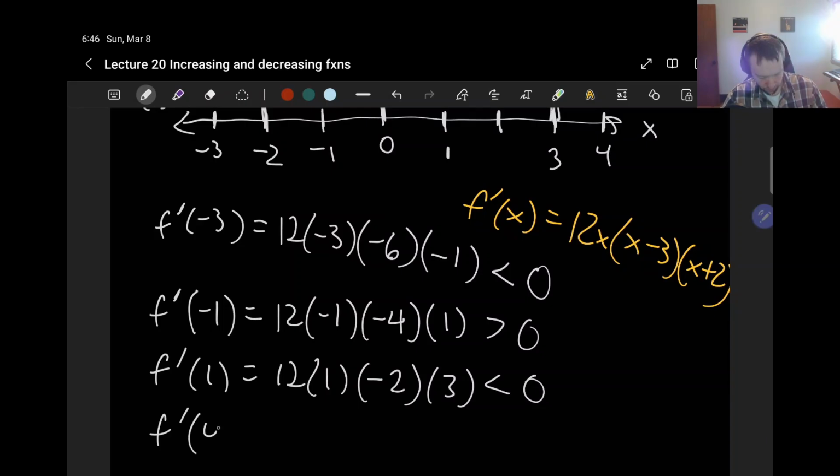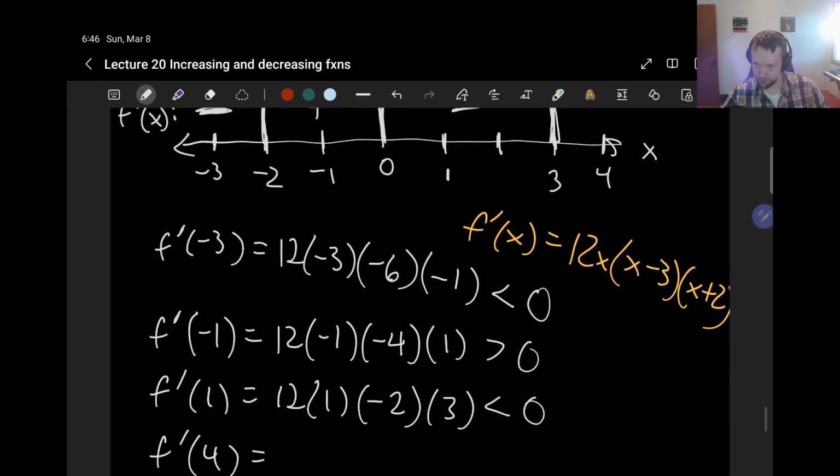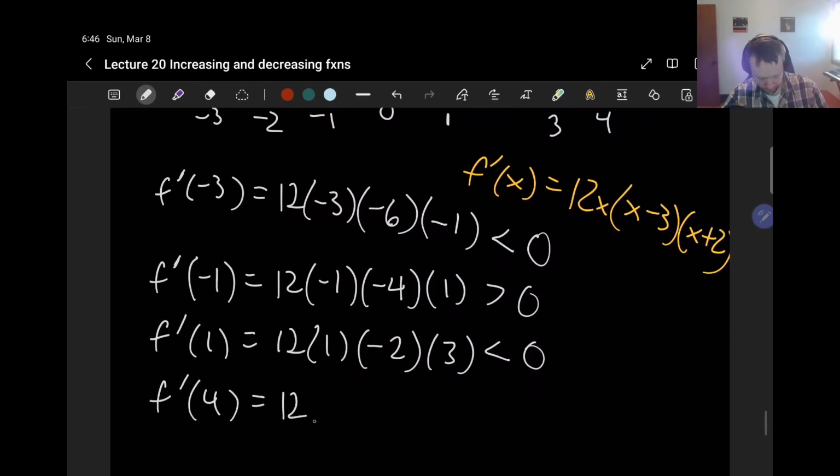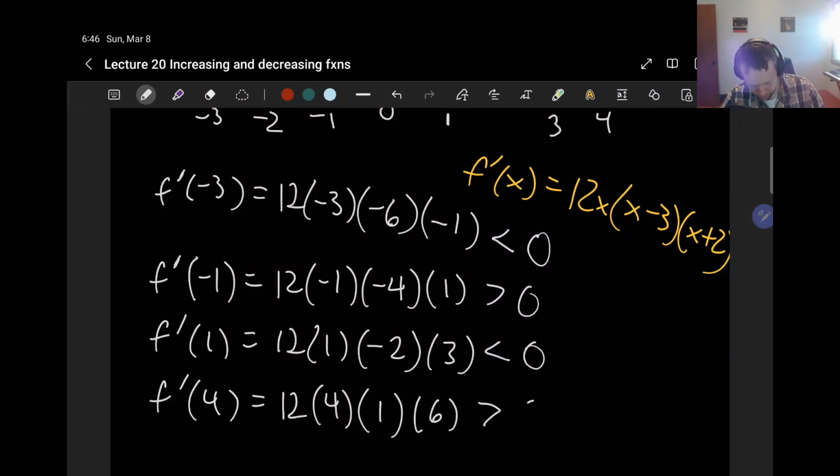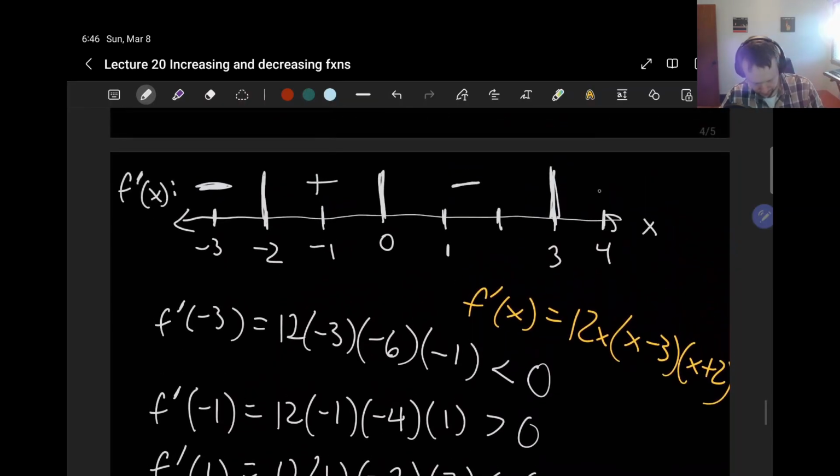And lastly, for the right hand region, let's plug in 4. That's a little out there. And we'll see that these are all going to be positive, greater than 0. So now we've plugged in our test points into the derivative, and we know this is how the derivative behaves on each region.